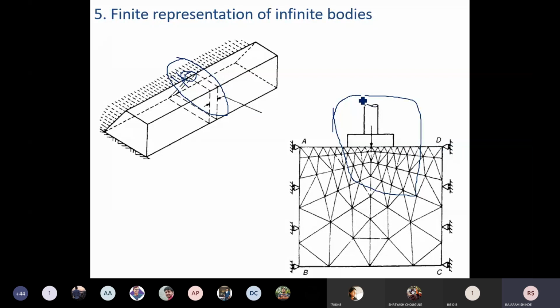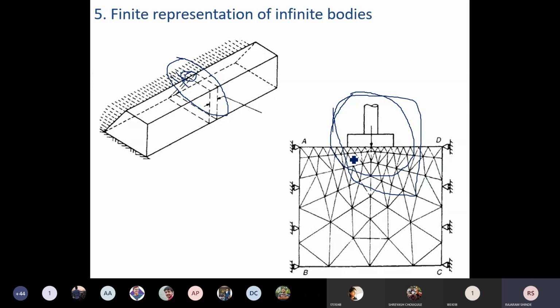So what you have to do is model only the part of the foundation which is in the critical zone, and the remaining part is not necessary to model, because we are not using variable thickness or variable dimensions for the foundation. We are using the same dimensions.